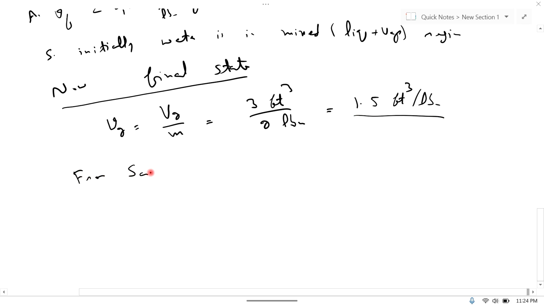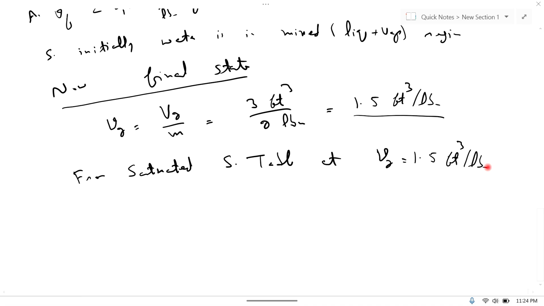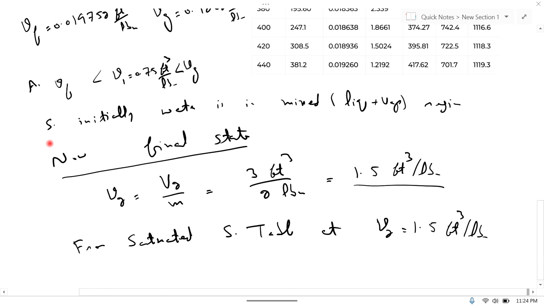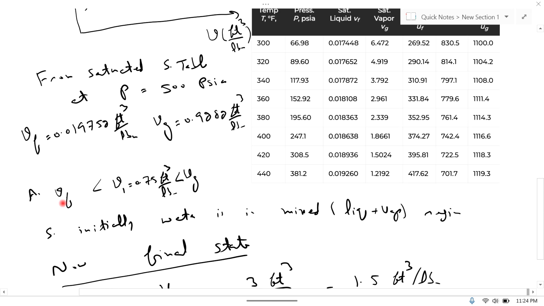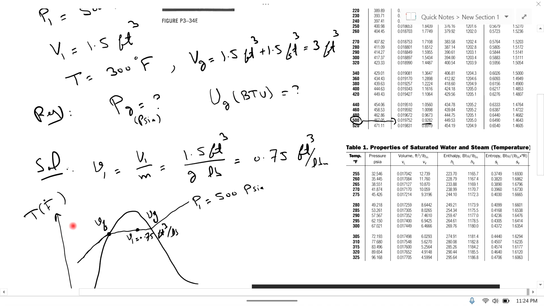Now we are finding vf and vg for the specific volume of 1.5 cubic feet per pound mass, from the saturated steam table. T2 is also given to us, which is 300 degrees Fahrenheit.